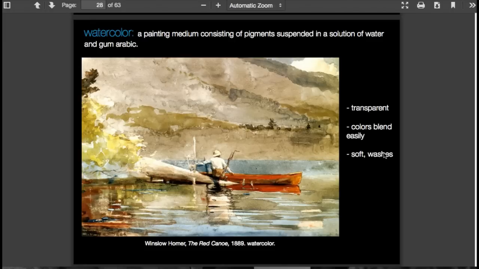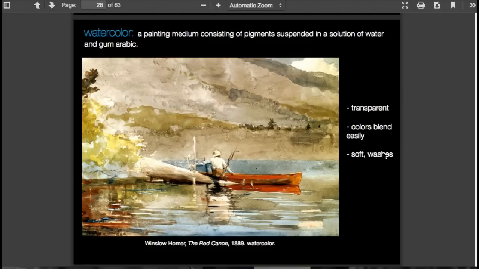It's a very challenging technique because you have to learn how to manipulate it. Where the water flows, the paint flows more freely. It's hard to get thick watercolor paint. You have to let it flow how it's going to flow.